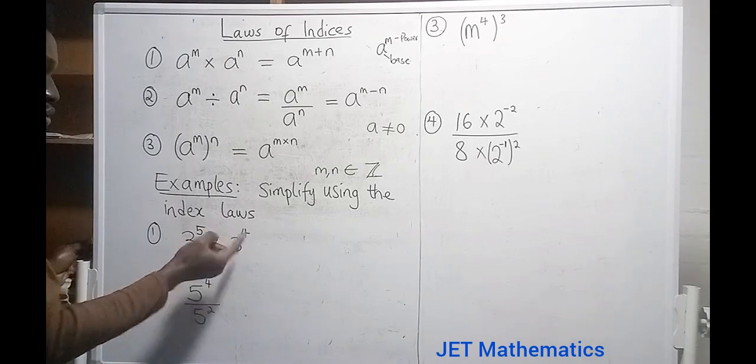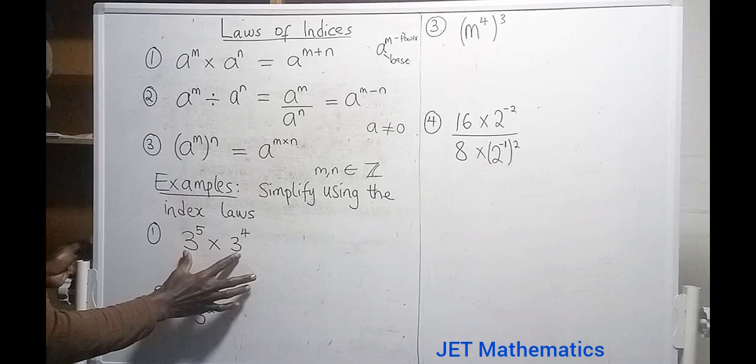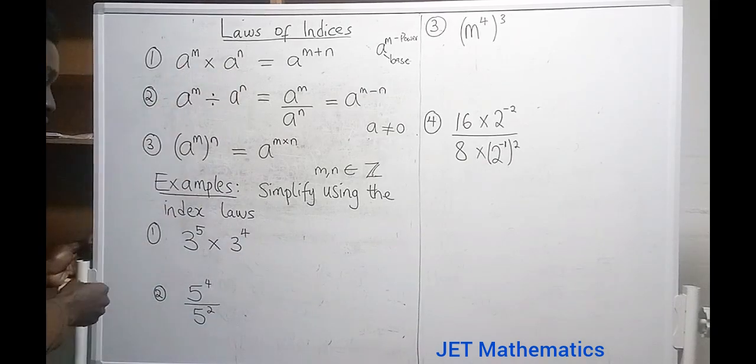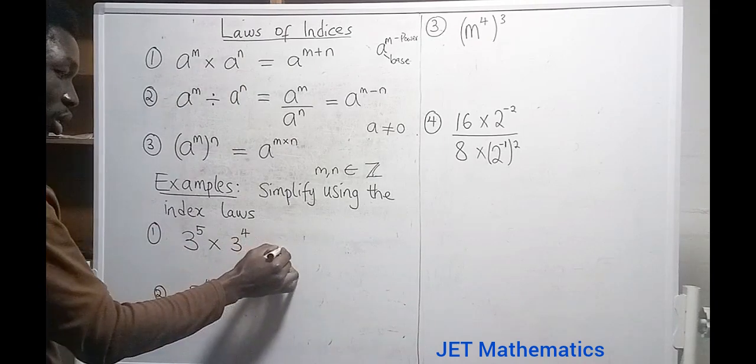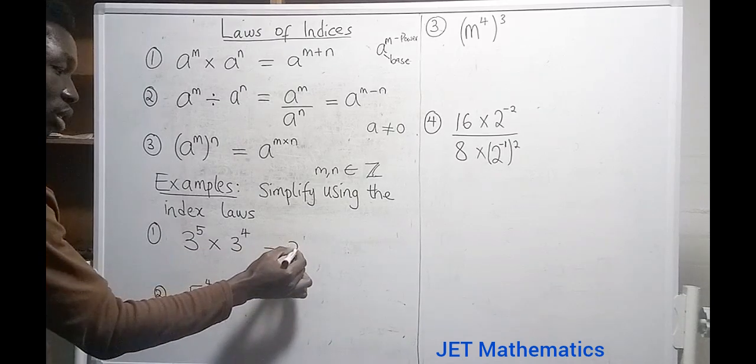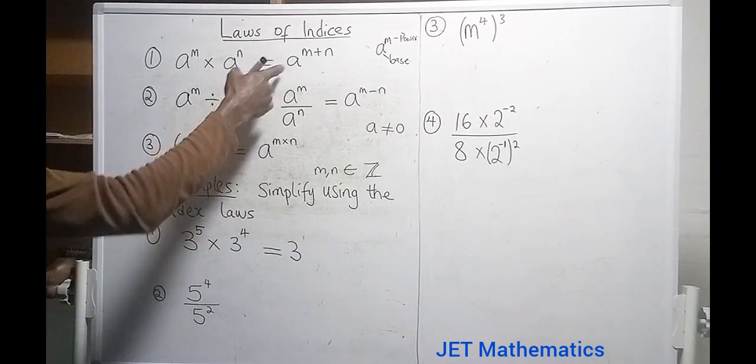All right, so our first example here says 3 raised to the power of 5 times 3 raised to the power of 4. Now if you look carefully, this is just looking like our first law, right? So simply the bases are the same, they are all 3, so you take 3 there, just as we took a.